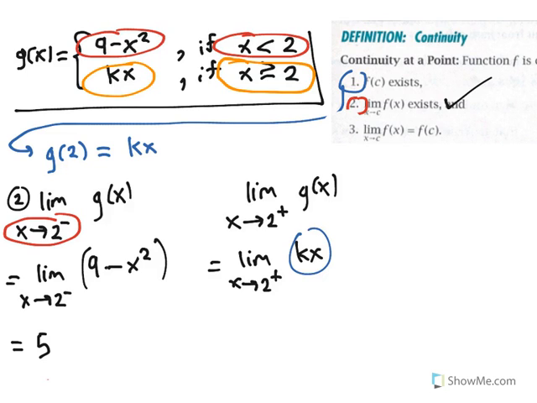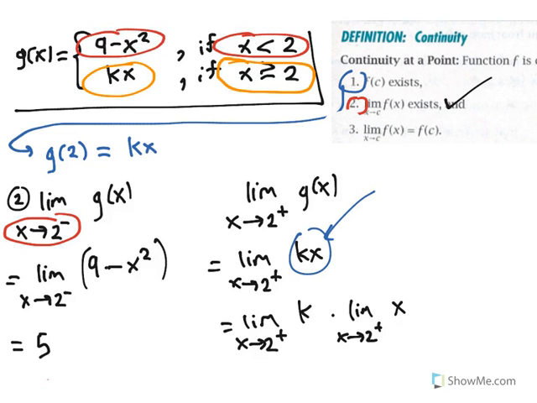And we have a product here, so we can write that as the limit of k as x approaches 2 from the right times the limit of the identity function x as x approaches 2 from the right. So this is using the limit law for finding the limit of a product of two functions.